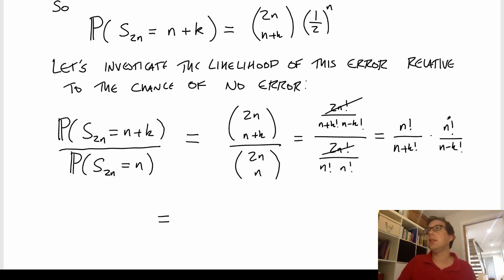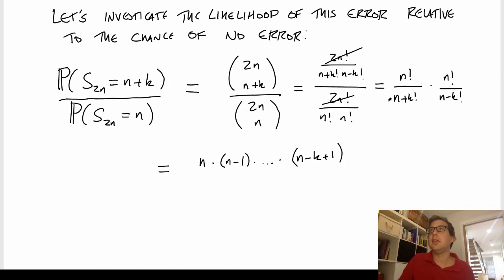Notice I'm going to get the first k terms out of this, and then we're going to cancel out the remaining n minus k terms, okay? So that's what we get from this expression. We're going to get n times n minus 1 all the way down to n minus k plus 1, right? And all the remaining terms are going to cancel out with this n minus k factorial.